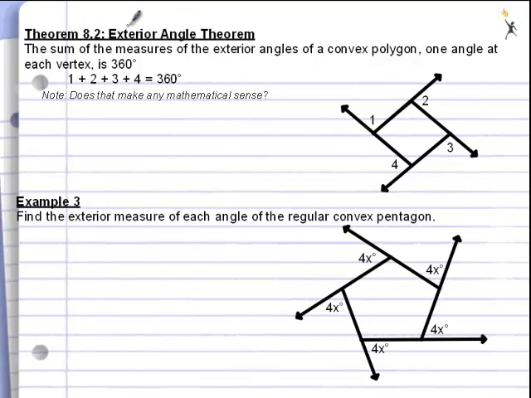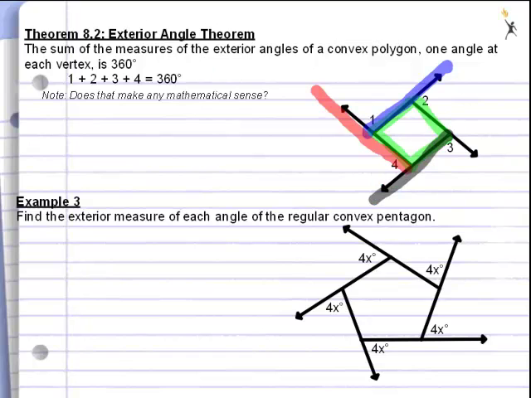In Theorem 8.2, the exterior angle theorem, if you take any shape, or any polygon, okay, here we have a quadrilateral, what this theorem says is if you extend the sides to form straight lines, then we tie in an idea that you've already been dealing with all year long.